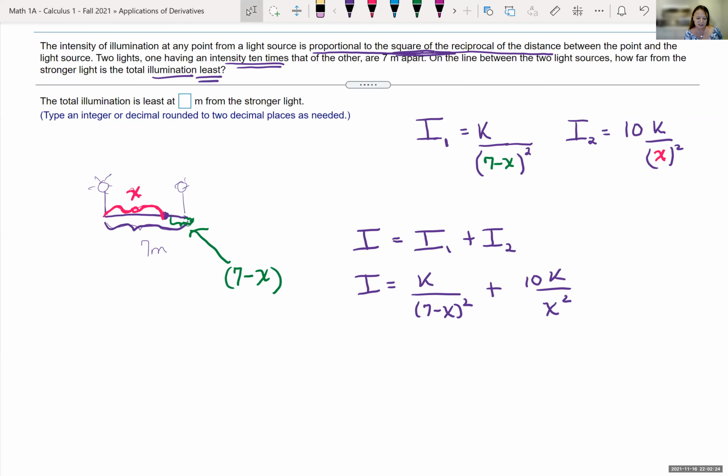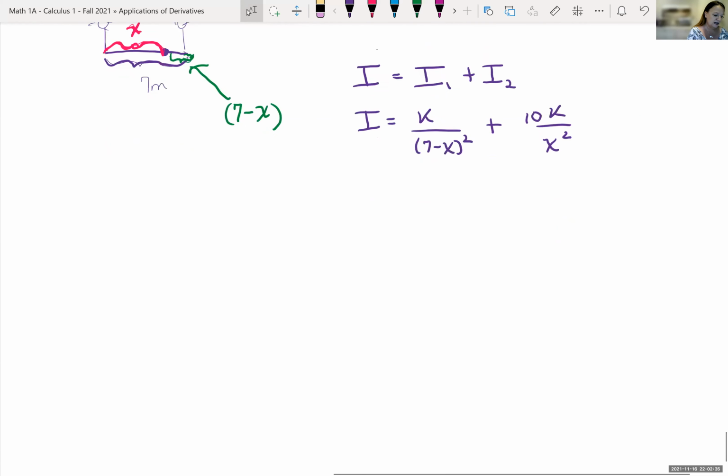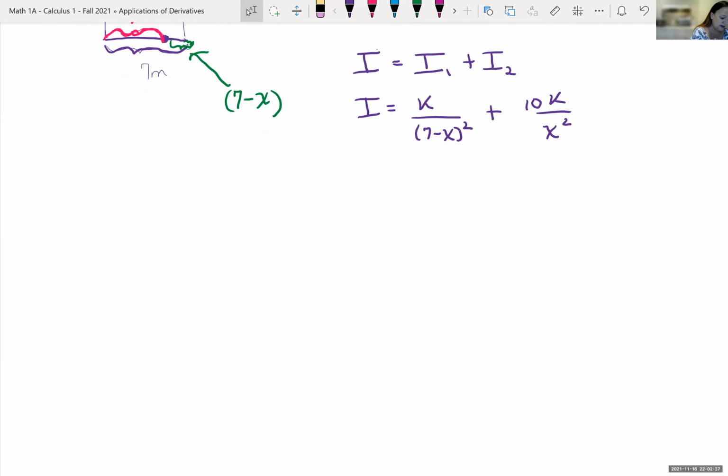In order to take the derivative, let's rewrite this, bringing up the terms from the denominator and using negative exponents. So I is equal to some constant K times (7 minus X) raised to the negative 2 power, plus 10K times X raised to the negative 2 power.